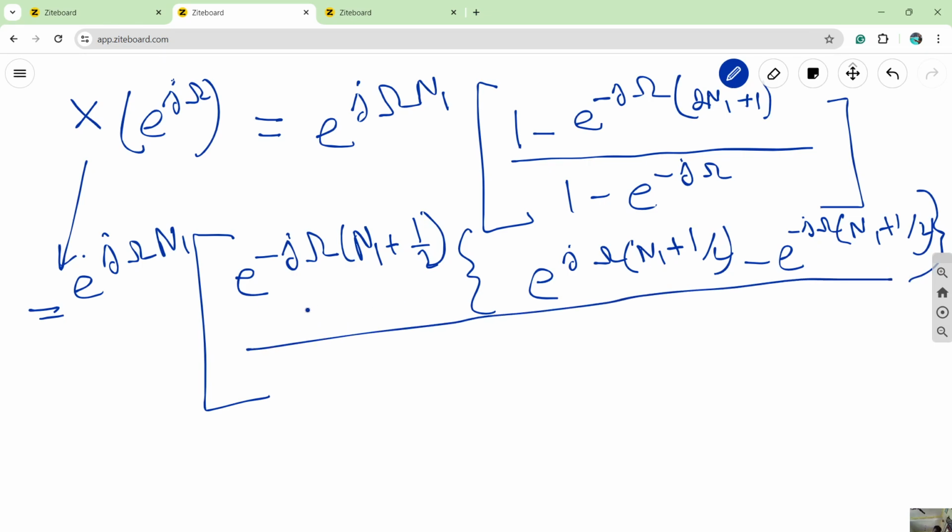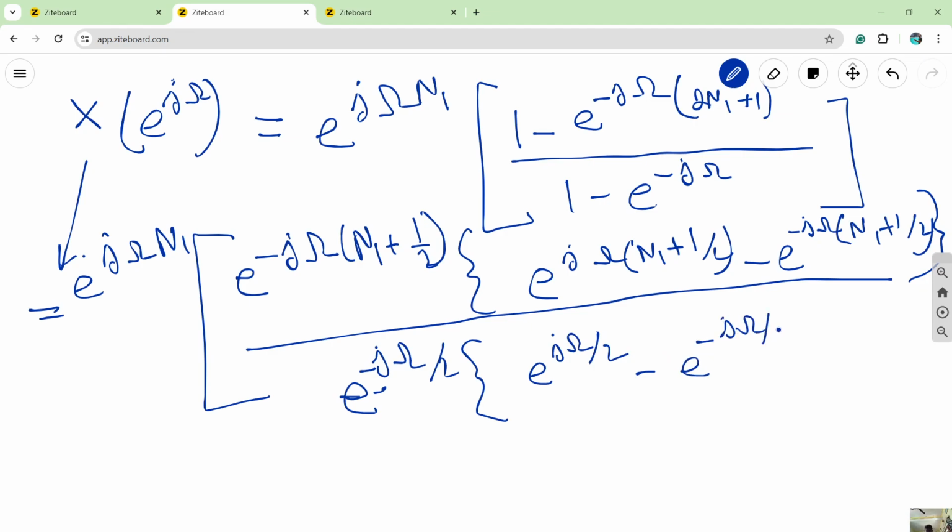In a similar way, we can take e to the power minus j omega by 2 as common, and it becomes e to the power j omega by 2 minus e to the power minus j omega by 2.